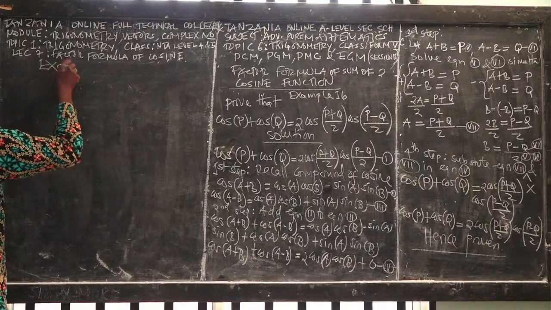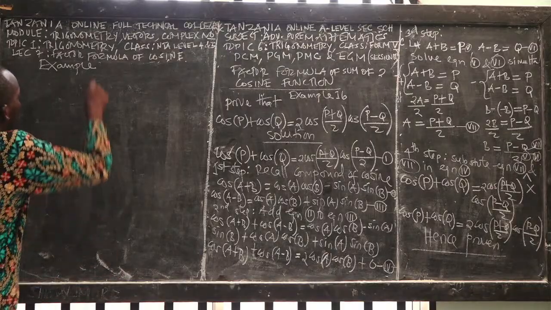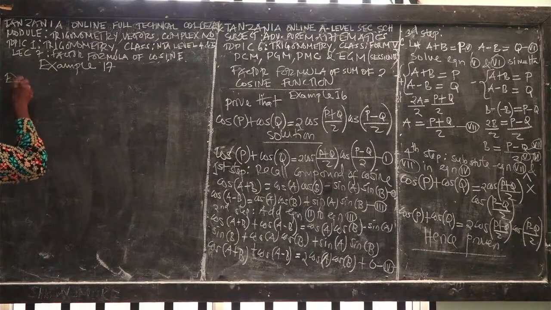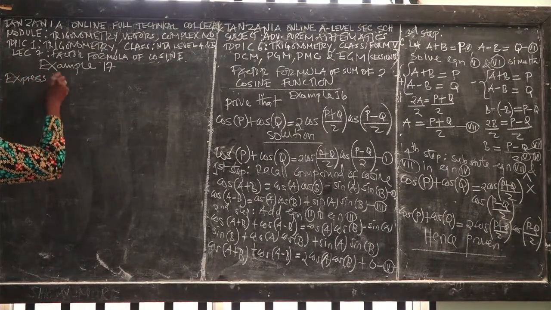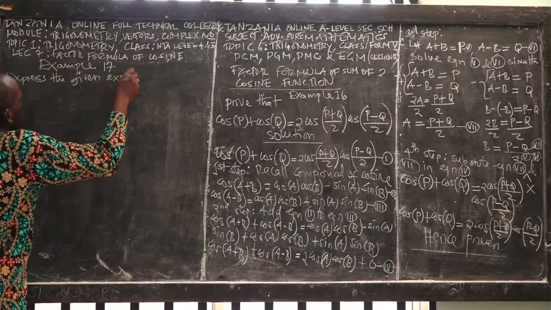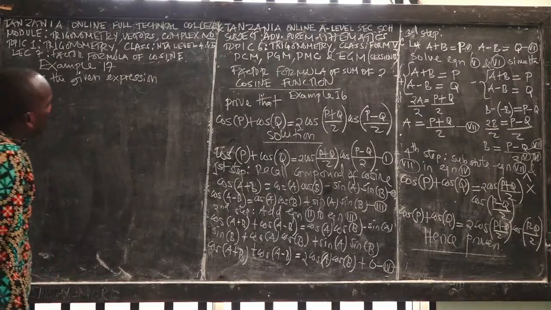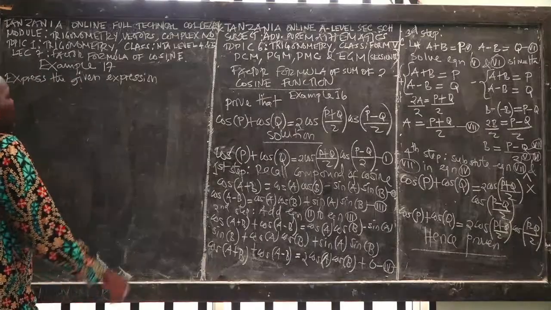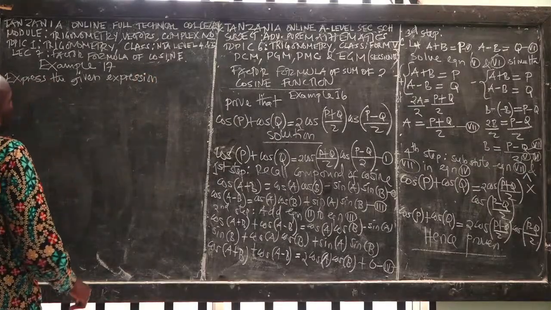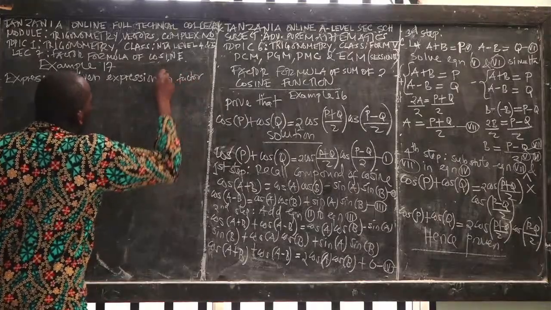Haya na maswali pia ambayo yanatoka kwenye mitihani ya NECTA na kwenye mitihani ya test 1 na end of semester. So this is example 17. Express the given expression in factor formula.